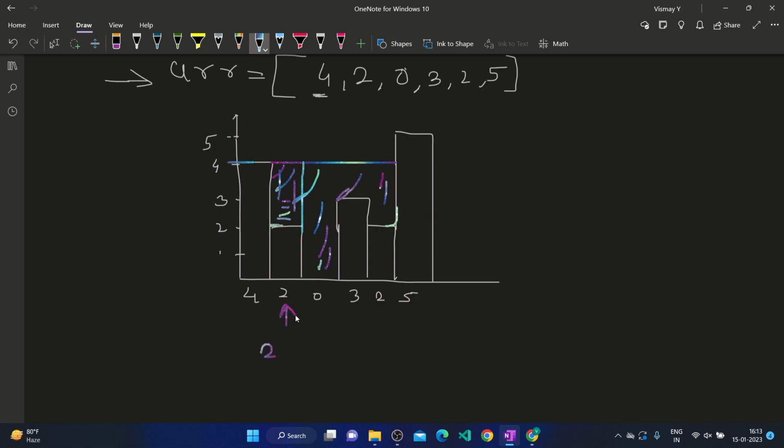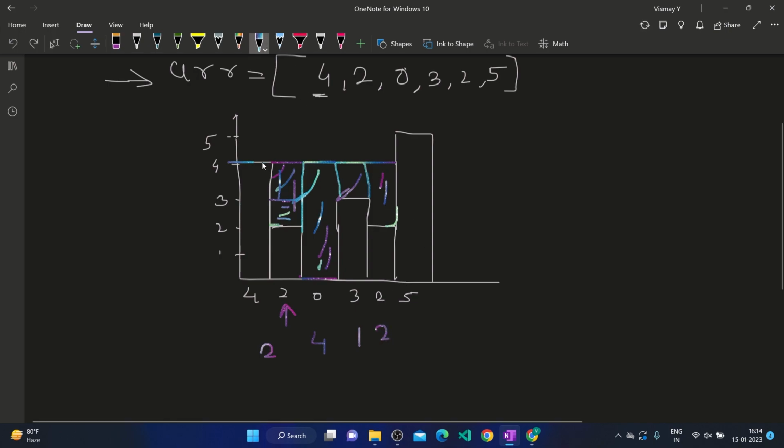So here we will have 2 units of water. Here the upper limit is 4, and 4 minus 0, because there is no elevation or bar, is 4. Here we have 4 minus 3, which is 1, and here we have 4 minus 2, which is 2.